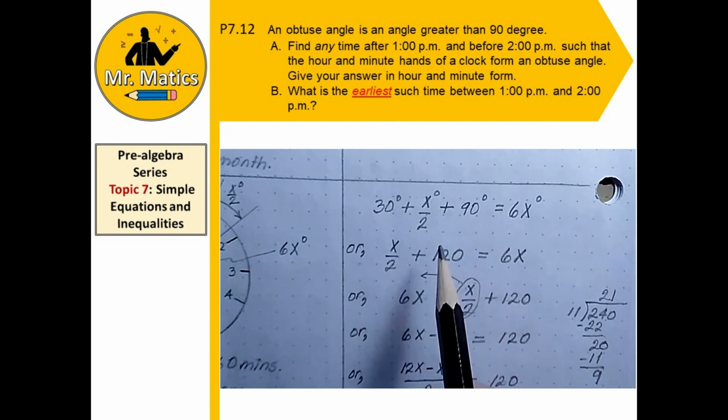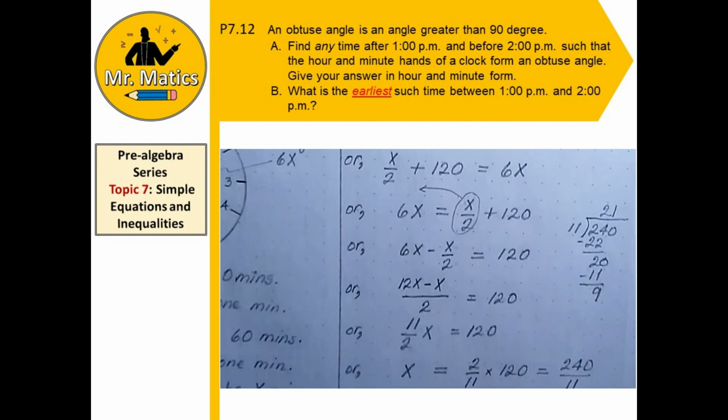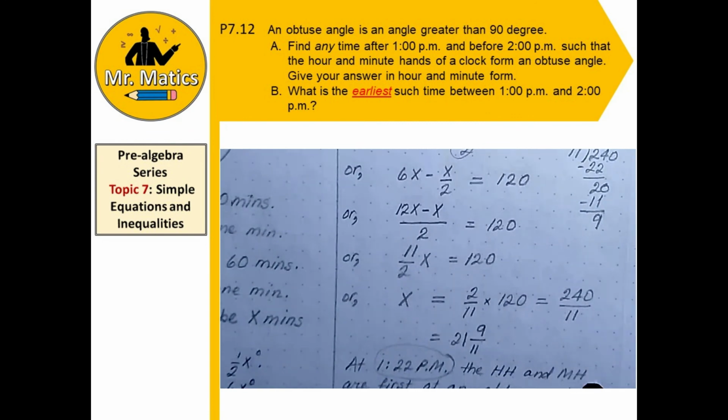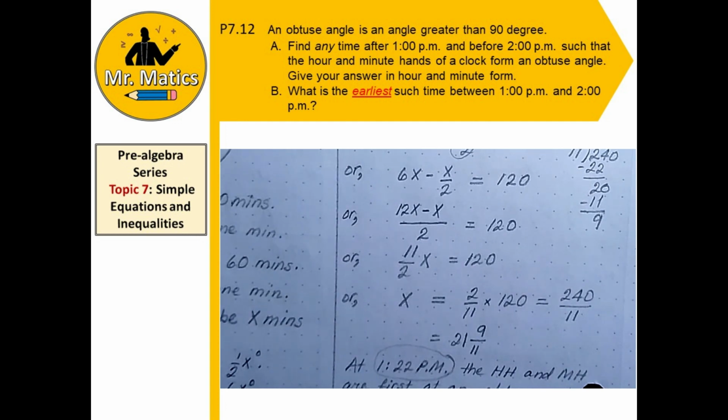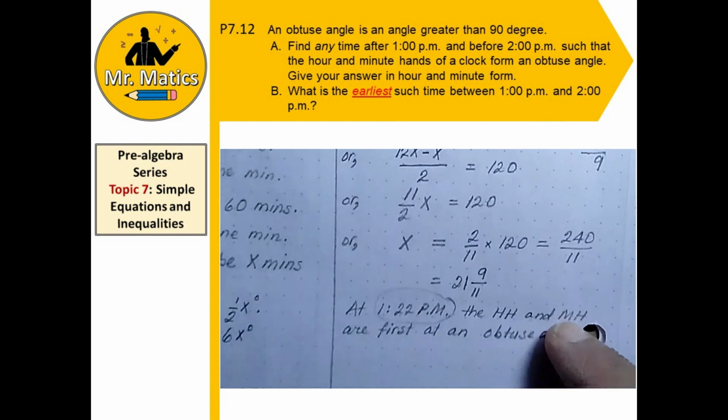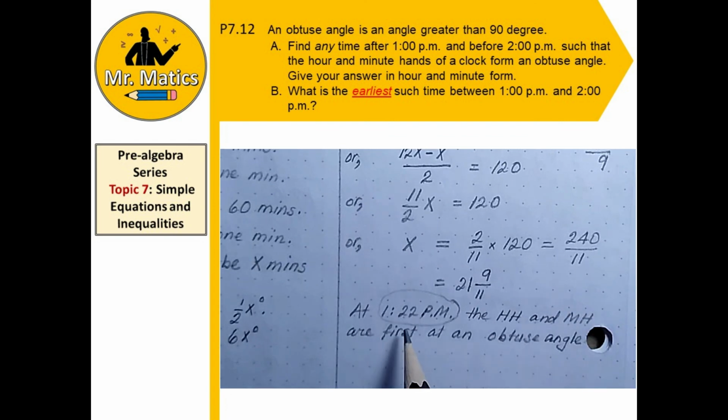And then we solved for x. We found x to be 240 divided by 11, and that is 21 9/11. And at 1:22 p.m., which is the full whole minute, which is the 22nd minute, the hour hand and the minute hand are first at an obtuse angle.